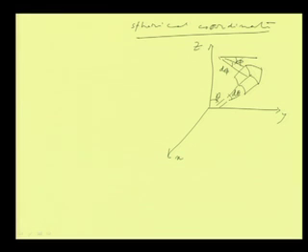Okay, so you can understand this is your r, this part is dr, this part is r dθ, and this part is r sin θ dφ.